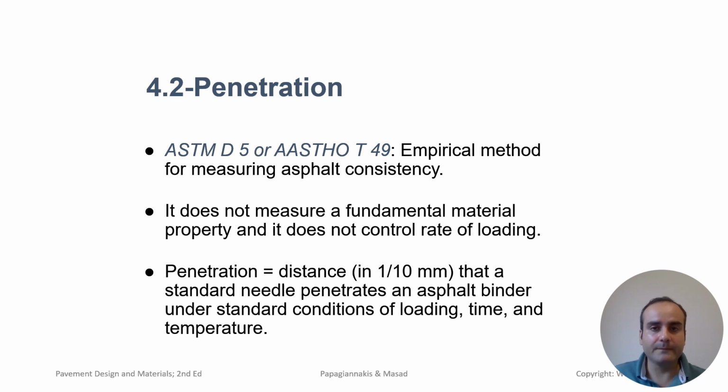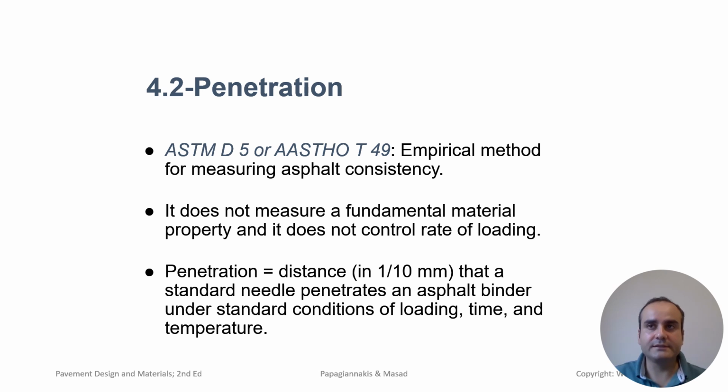prevent rutting. In this testing protocol, the test is performed at 25 C or 77 F using a 100-gram load applied to the needle for 5 seconds. The result is expressed in tenths of a millimeter.